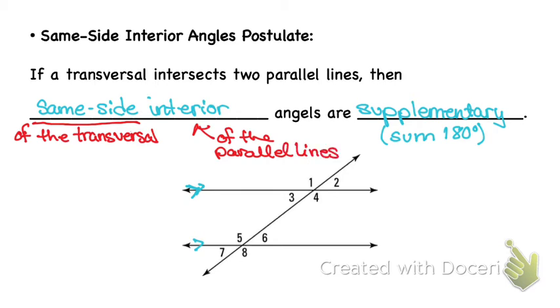Okay, so same side interior angles. So 3 and 5 would be considered a pair. And angle 4 and 6 would be considered another pair. Because again, they're on the same side of the transversal and inside the parallel lines.